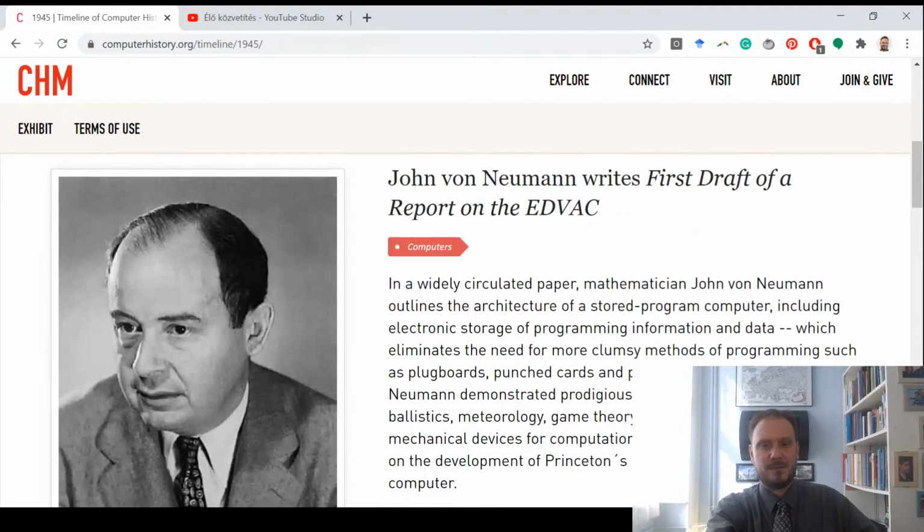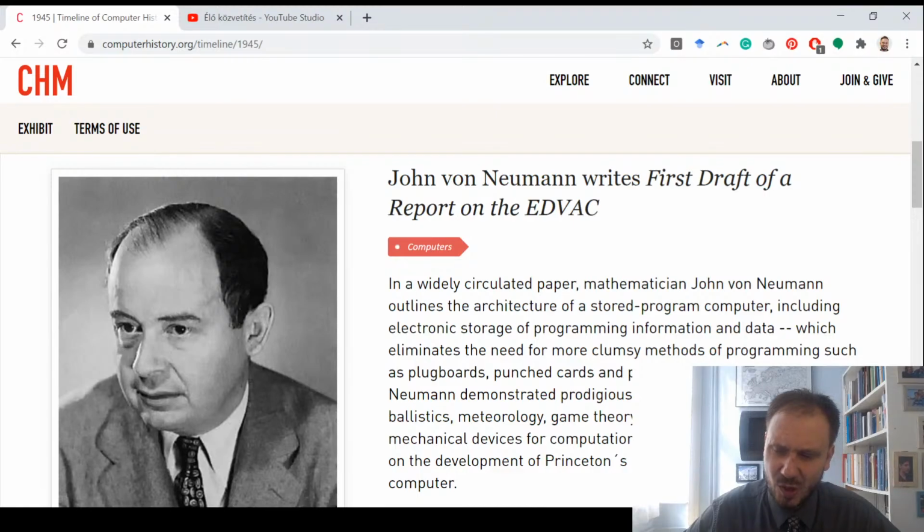Here you can see a Hungarian inventor, mathematician, John von Neumann, who wrote a paper, First Draft of a Report on the EDVAC, and this was the first idea of a modern computer. The paper was circulated widely.